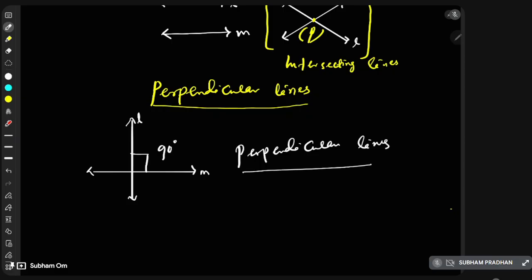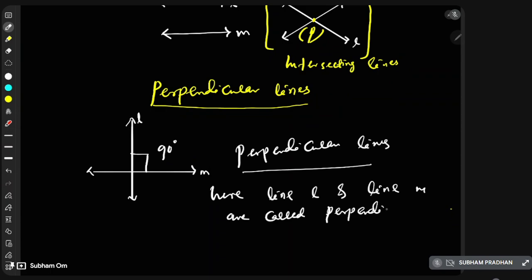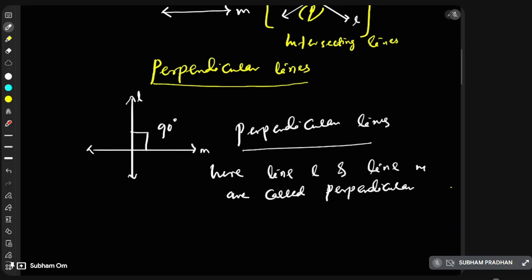That means here line L and line M are perpendicular lines. Whenever two lines intersect with each other and the angle formed by those two lines is 90 degrees, then those two lines are called perpendicular lines. So that was all about perpendicular lines.